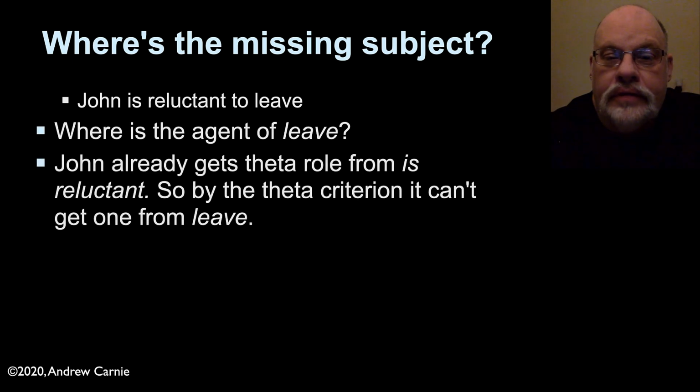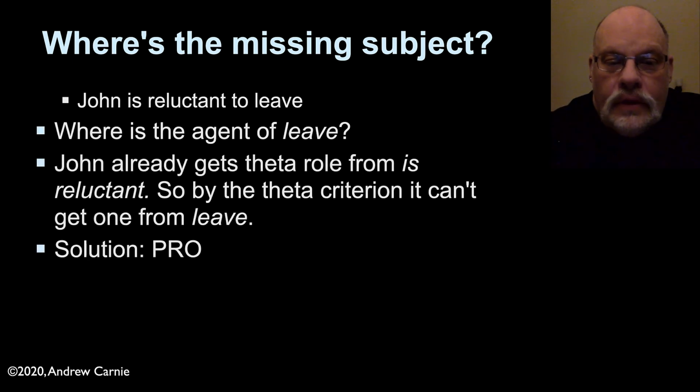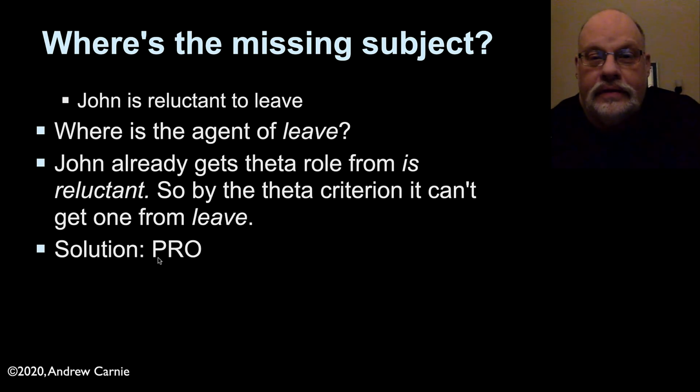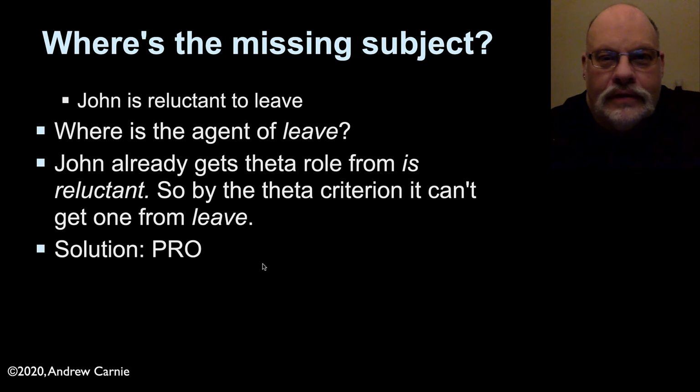We're going to propose that there is a null subject of leave. And this null subject we call PRO, written in capital letters. The reason we write this in capital letters is because later in this video series, you're going to learn about pro written with lowercase letters, because linguists are bad at distinguishing things, so we often use capital letters.